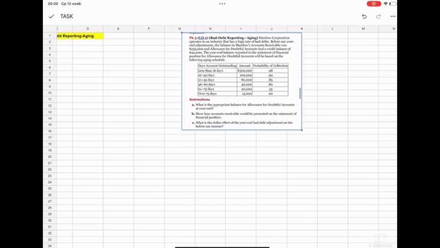So I will create the aging schedule in Excel here. I have to do this to calculate how much of each group is expected to be uncollectible, so how much we think customers won't pay. So we calculate the bad debt reporting aging. Here is the company name. Let me write down the schedule.